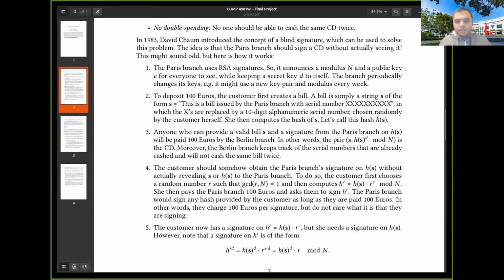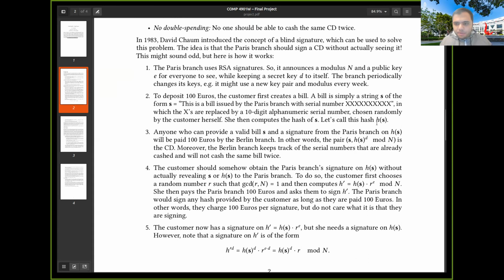The way it's possible is that, first of all, we let the customer create the bill. So the customer first creates a bill, and by that I basically mean that the customer chooses some random serial number. And then she creates this string S, which says that this is a bill, blah, blah, and the serial number is this serial number that I've chosen.